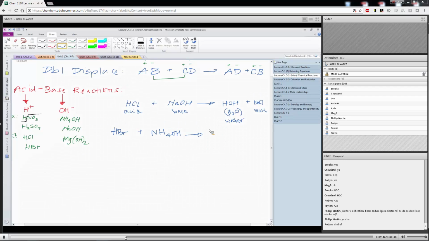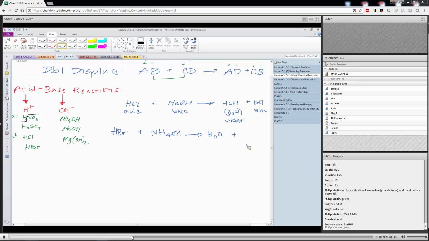What would be the two products you would expect to see in this double displacement reaction? Water, HOH or H2O, excellent.